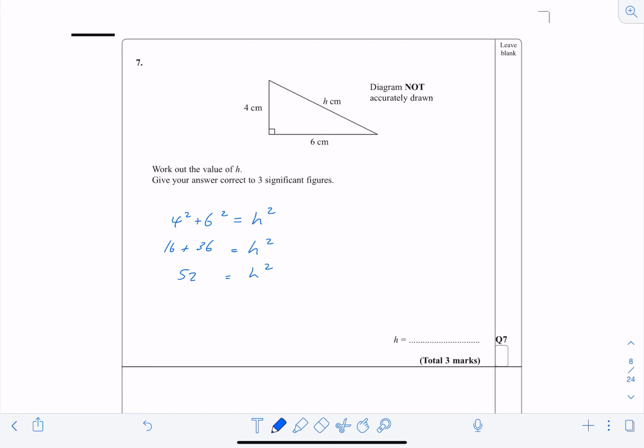So square root both sides, and the square root of 52 is 7.21. So h equals 7.2111, and to 3 significant figures, that is 7.21.